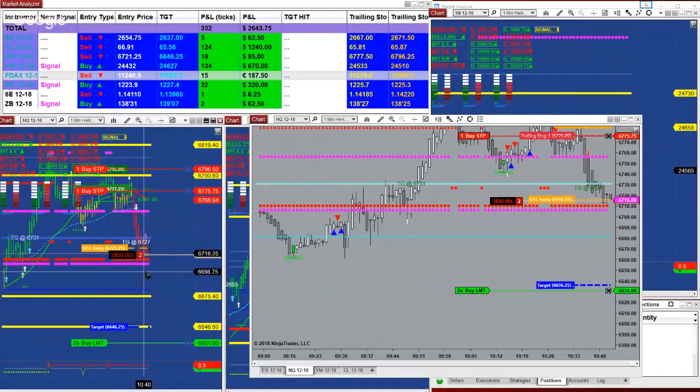And now we have the ES, and this double support, I don't like it. It's struggling. So put a short at 703 or 702.50, sell limited order.